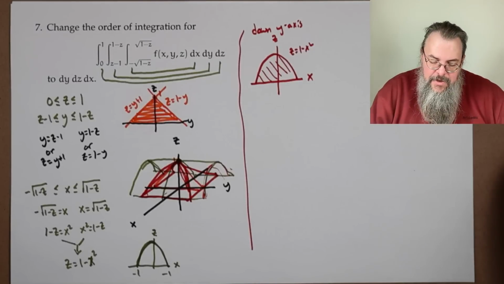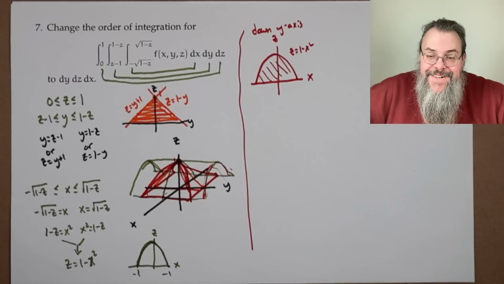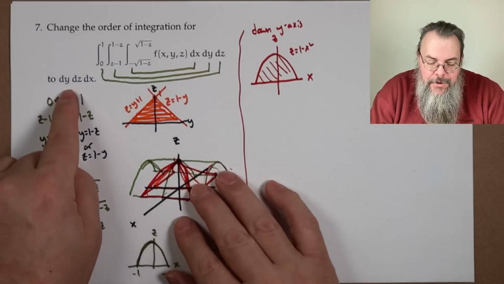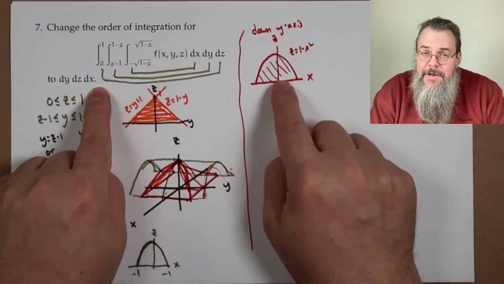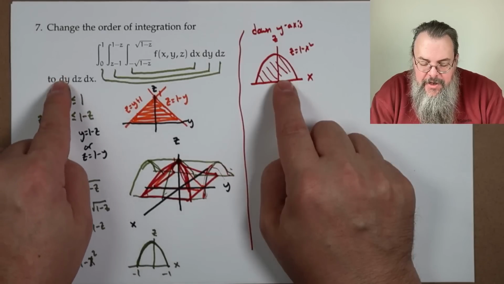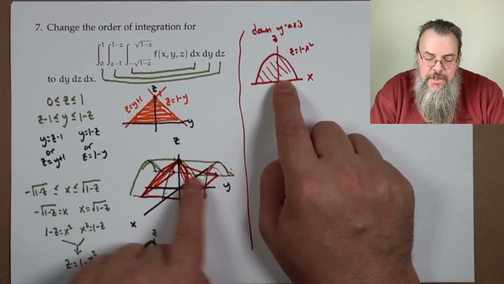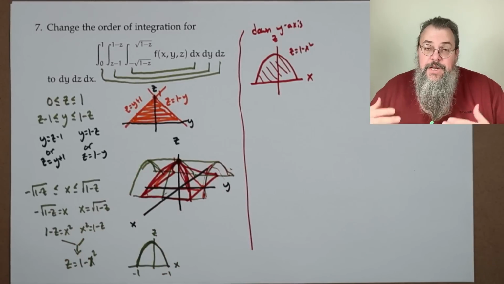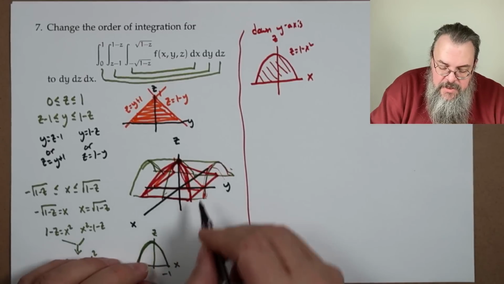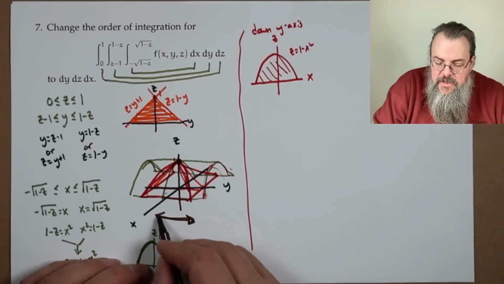All right, so how do we get our answer? Well, the good news, we know we're going dy dz dx. That's why I wanted to look down the y-axis. When I look here, I ask the question, as I move in the y direction, which surfaces are we going to move between? We're moving this way, back and forth in the y direction.